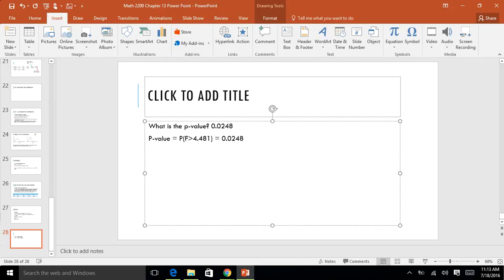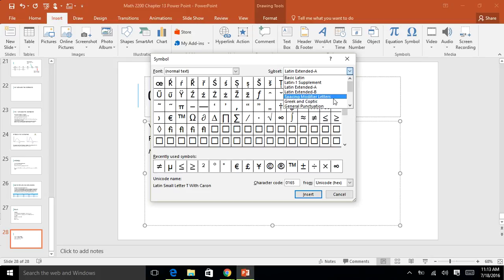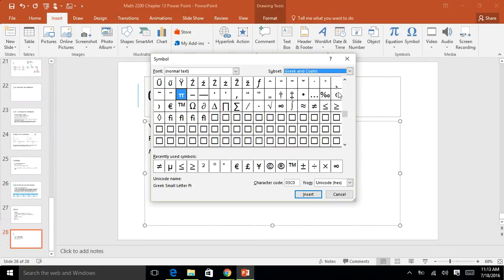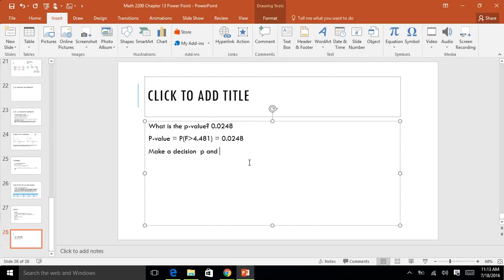Okay, next part, make a decision. What am I going to do? I'm going to look at P and alpha. I'll write it out so we don't waste time.